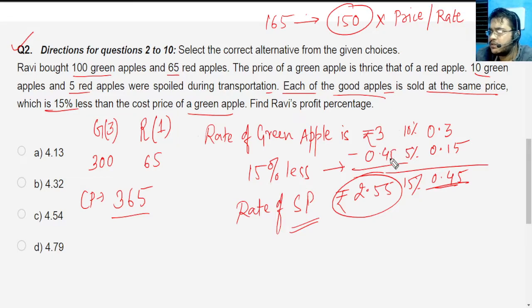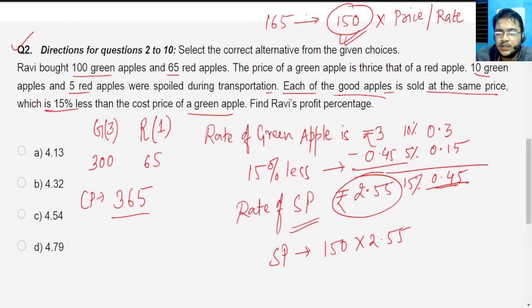You can do the calculation. I don't think that is going to be a very difficult calculation, but so far I have only been able to calculate the rate of the 150 apples which are supposed to be sold. Now what is the selling price? That is 150 times 2.55.